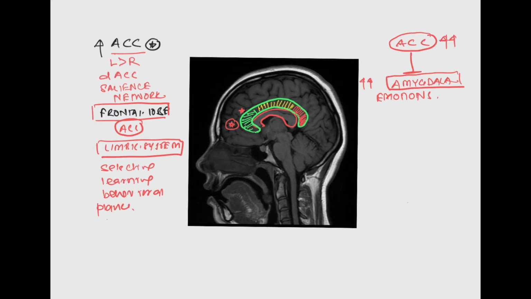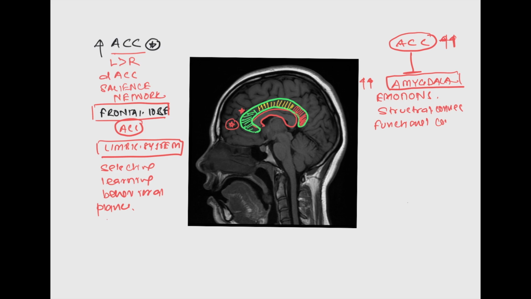The question will be, if there is an increased activation of the anterior cingulate cortex, why is there an increased activation of the amygdala? Because if you look at it, an increased activation of the anterior cingulate cortex should inhibit the amygdala, right? So here we are not talking about a problem with structural connection, right? There is a problem especially in the functional connection.